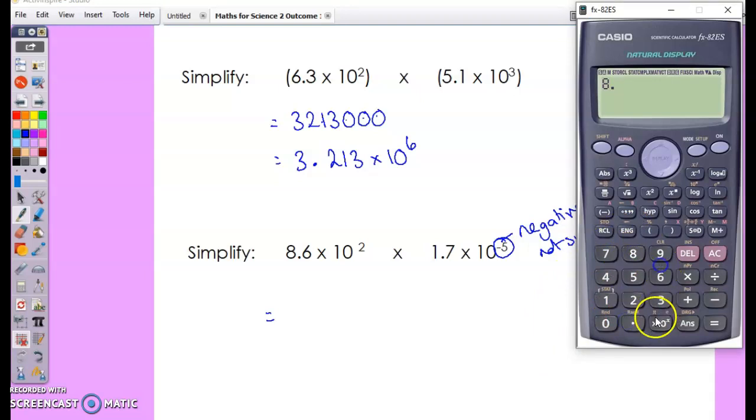I've put in my 8.6 times 10 to the power of 2, and I'm timesing that by 1.7, still putting in my times 10. I'm going to use this negative button up here in the bracket. Some calculators have a plus stroke minus button you might want to use instead, but it's never the takeaway button. So the power of -5.